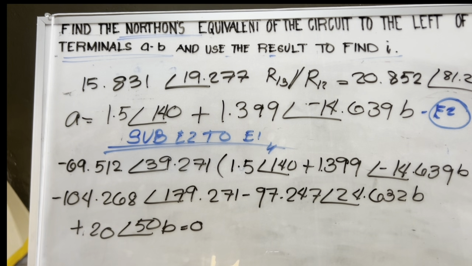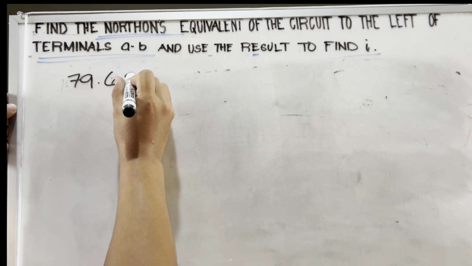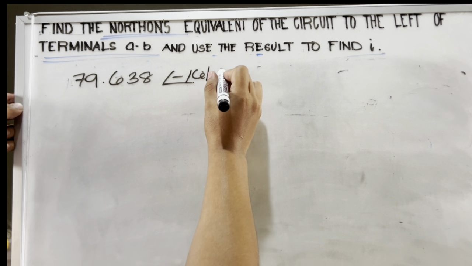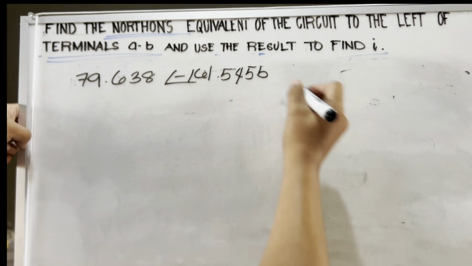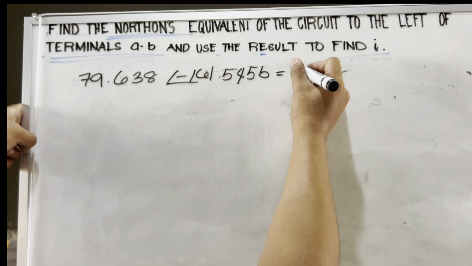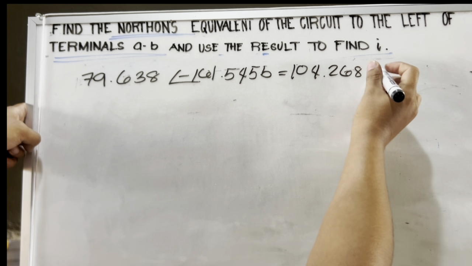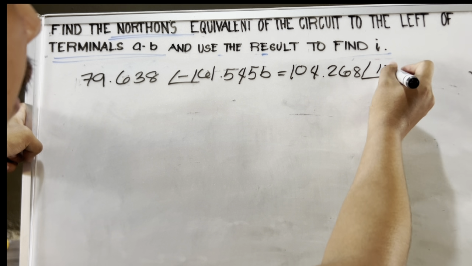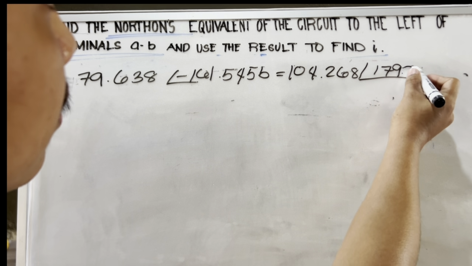We will now have 79.638 angle of negative 161.545 times B is equal to 104.268 angle of 179.271.